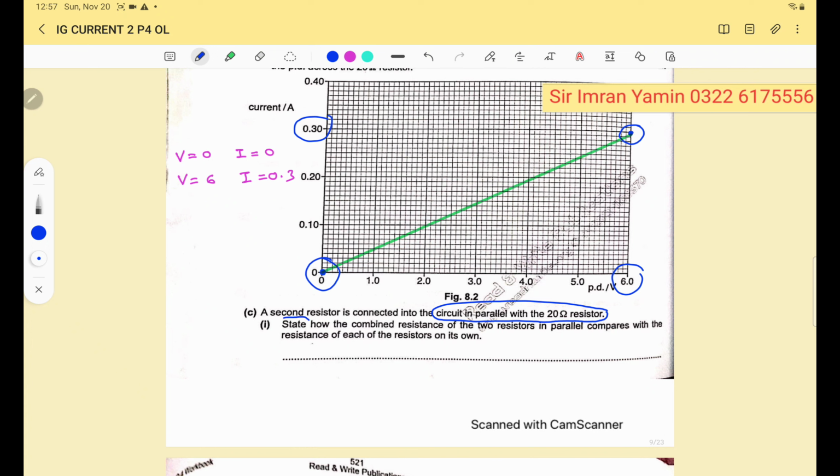The question says state. They are asking how the combined resistance changes.